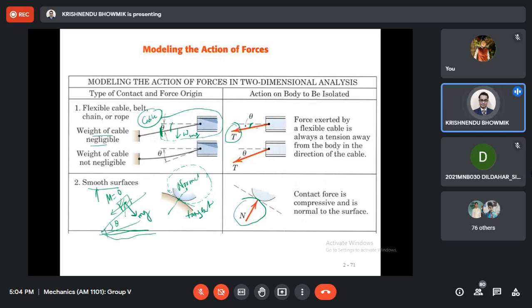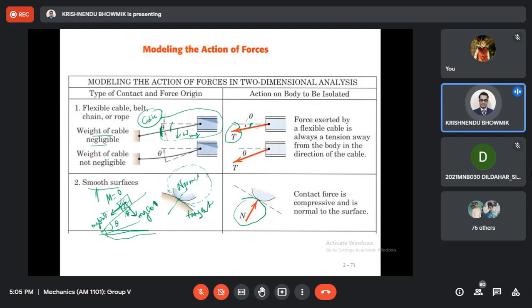If this is theta, this also will be theta, then this also will be theta. You know it? mg cosine theta, mg sin theta. Okay, so I am drawing the free body diagram. So this is mg sin theta, mg cosine theta.